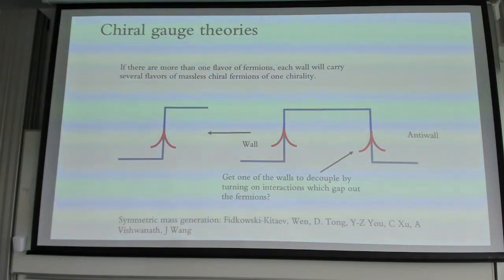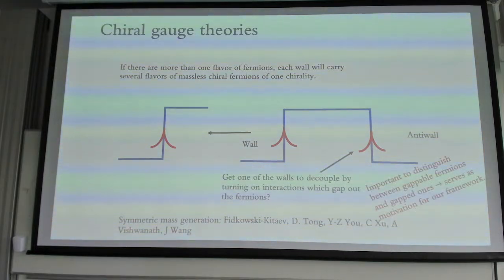Now, I am not going to actually suggest any solution to this problem. That's not what I'm trying to do here. What I want to mention is that if you really want to use this idea of symmetric mass generation, in the case of chiral gauge theories, you would want to preserve chiral symmetry while trying to gap the fermions. If you really want to use that idea, it's important to distinguish between gappable fermions and gapped fermions.